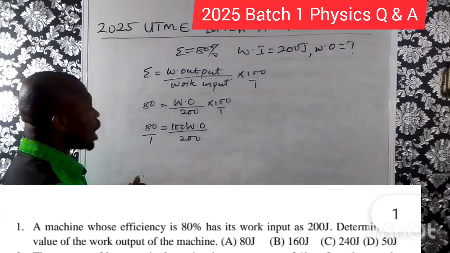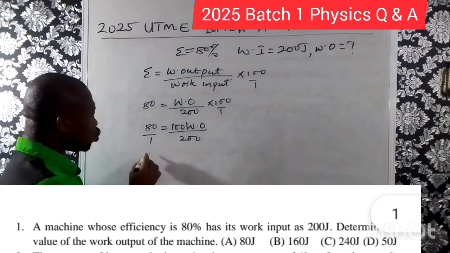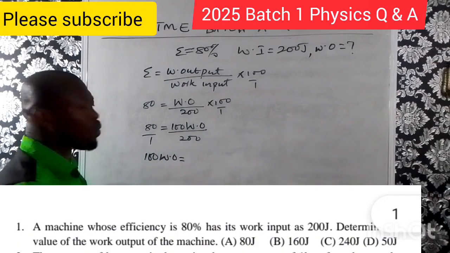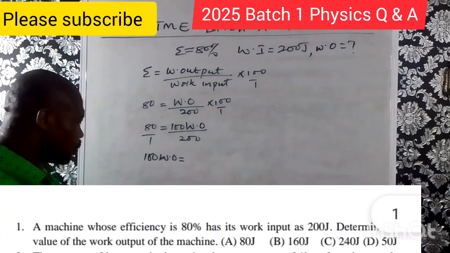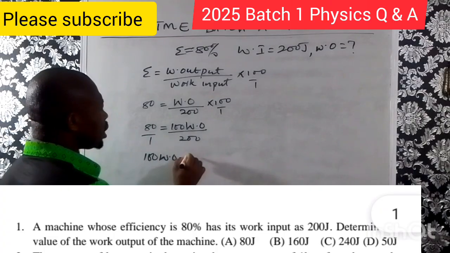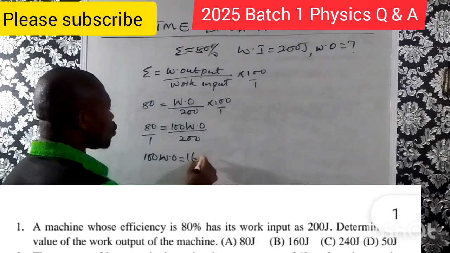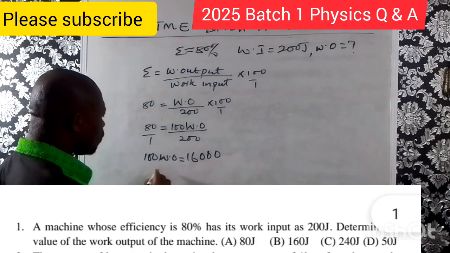If you cross multiply, you have 1 times 100 work output, which gives 100 work output, is equal to 80 times 200, which gives 16000.